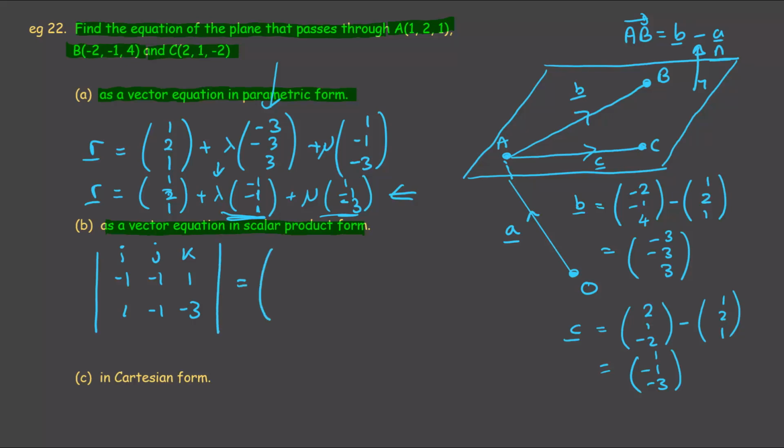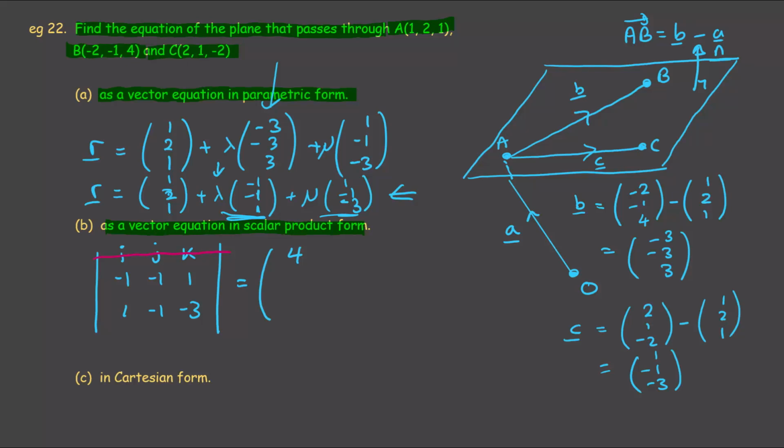And let's see what that gives us. Remember, when we're doing this, we have to cover up the i, j, k. To start with, we cover up the i, and if we do that, we're going to get 3, take away -1, and so that will be 4.